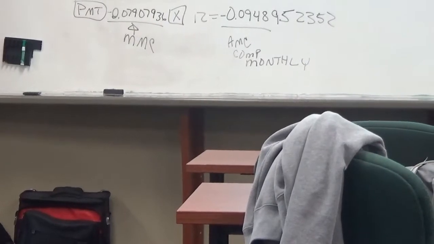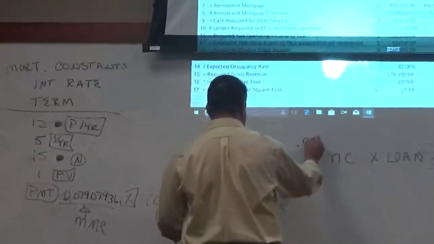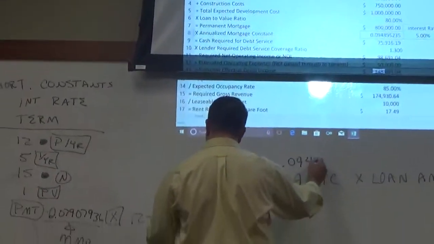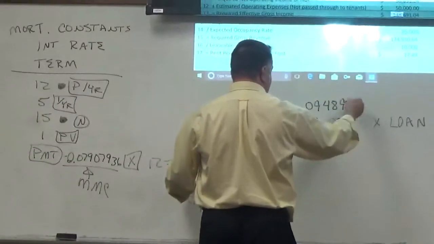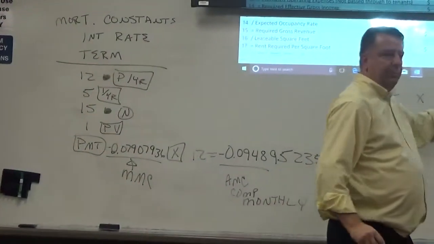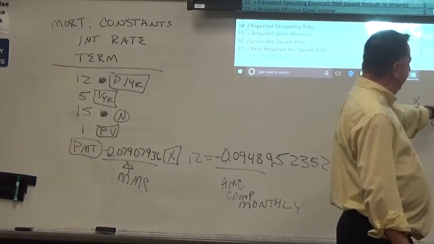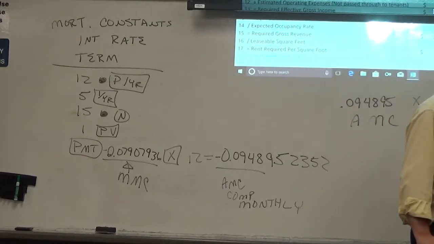The beautiful part with this mortgage constant is we can put in 0.09489 and change, and then pick any loan amount, $1, $100,000, whatever, and that will instantly give us the payment. Does that make sense?